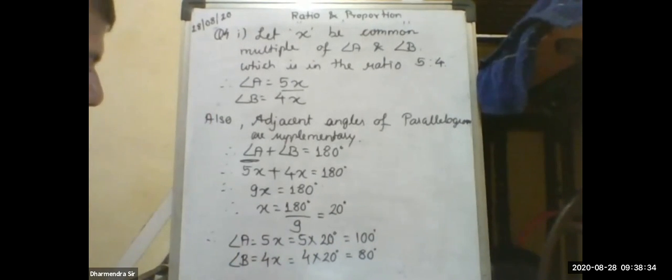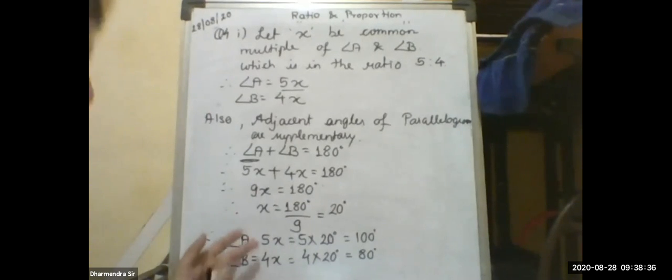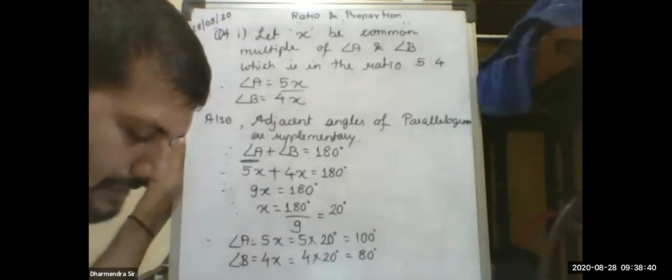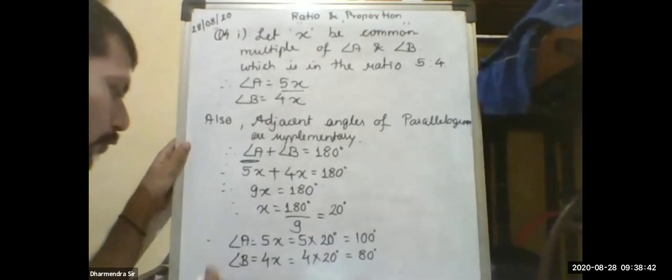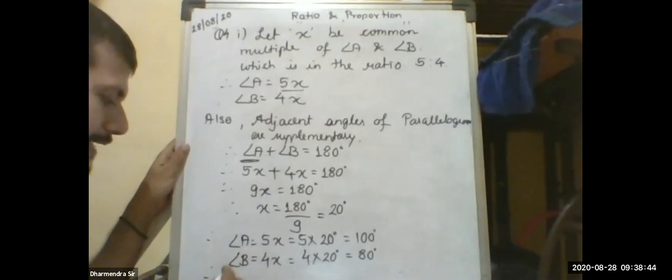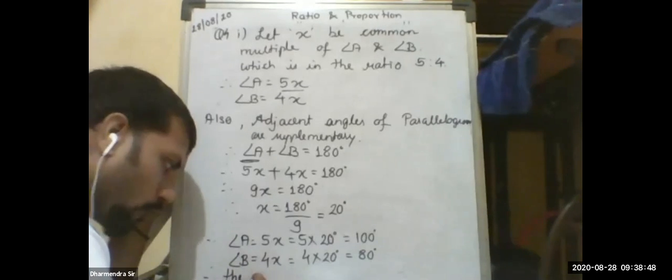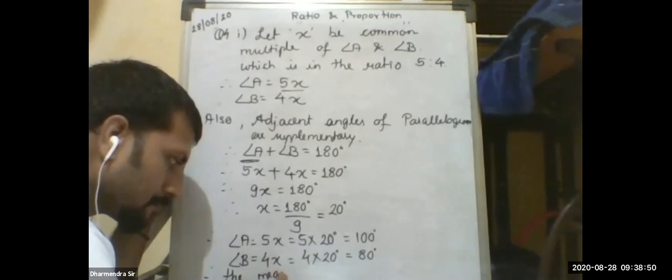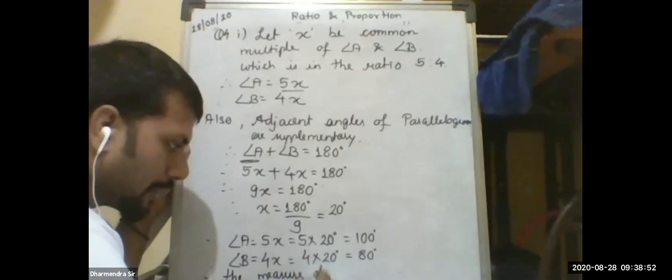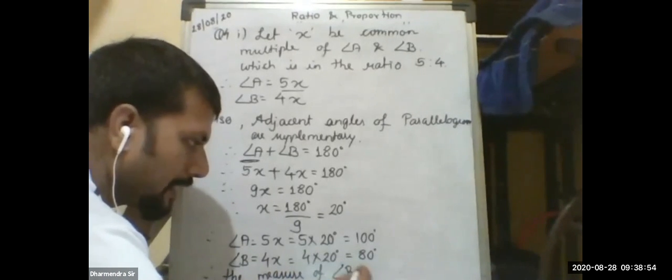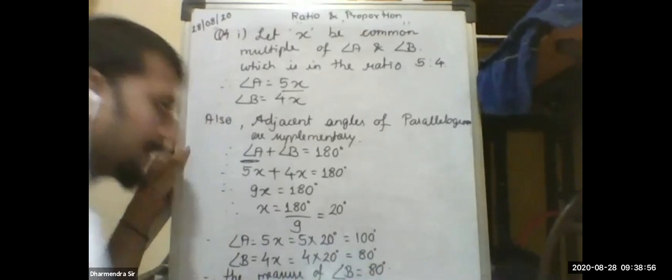Hope you have understood. So I found both the angles, angle A and angle B. But since they have asked only for angle B, at last you should state the measure of angle B is equal to 80 degrees.